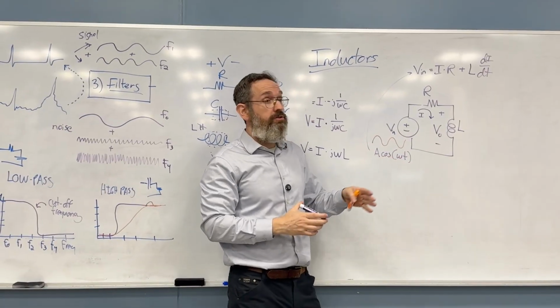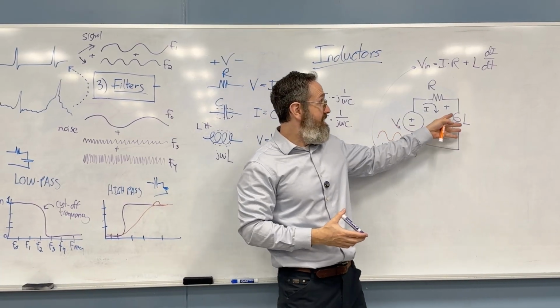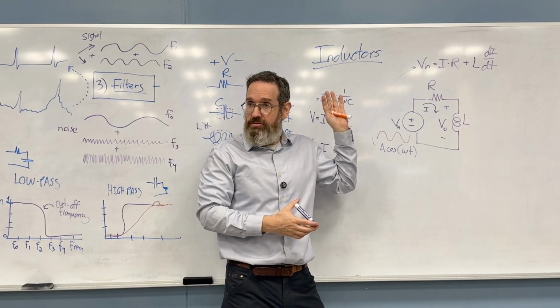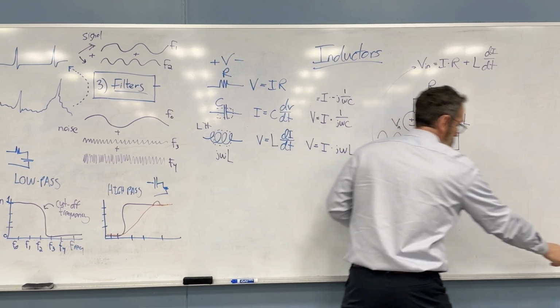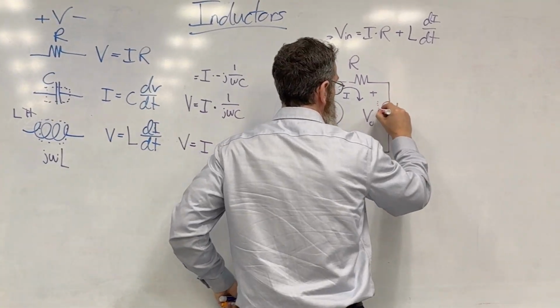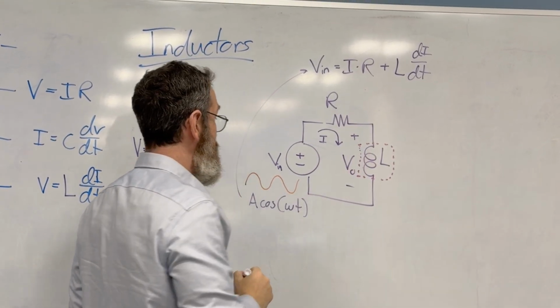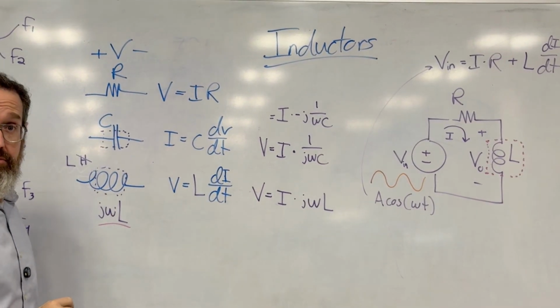But another alternative approach here is to replace this inductor with a resistor, so we don't have to solve any differential equations. And the way that approach would work is we would draw a box over this and say this is now a resistor with the value of jωL.